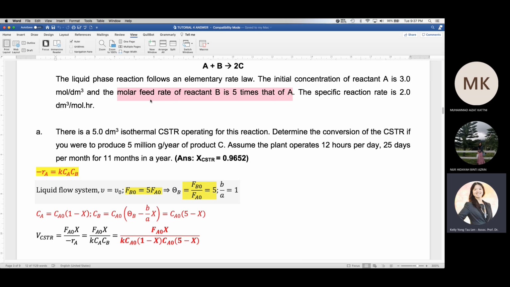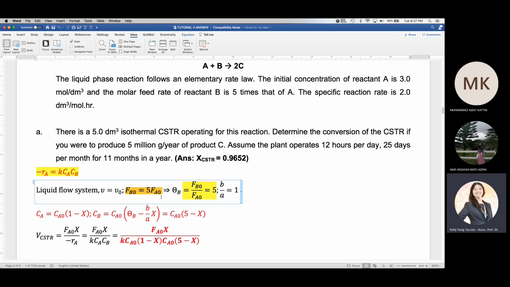So, initial lah kan. FB not sama dengan 5 times of A. Maksudnya, FB not ni sama dengan 5 kali ganda molar feed rate of A. Or we can write it as FB not sama dengan 5 FA not. Okay, so kenapa dia beritahu kita information ni?